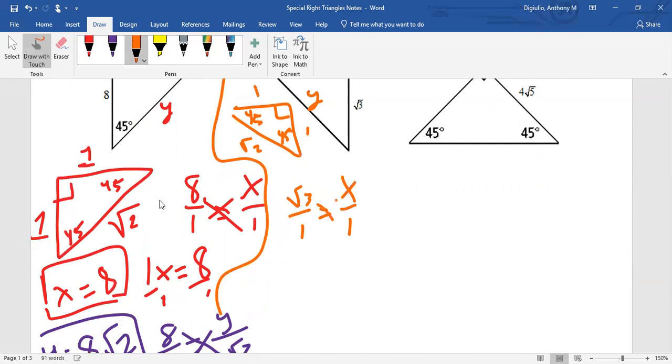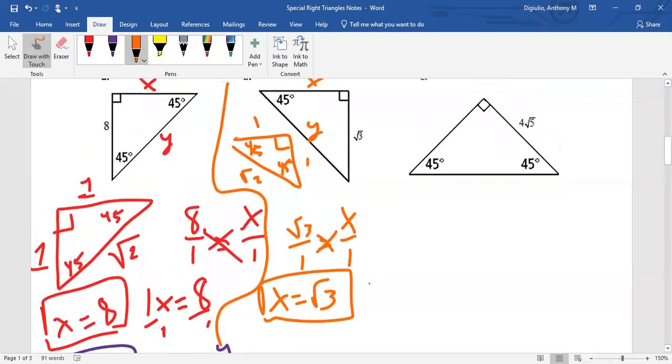So from here, cross multiply, I end up getting 1 times x is just x equals 1 times root 3 is root 3. Now I know we're getting into that habit of them all being the same. It might look a little different depending on the information that we have, and we'll look at some of those examples later on. So just be careful. Don't just automatically put the other thing.